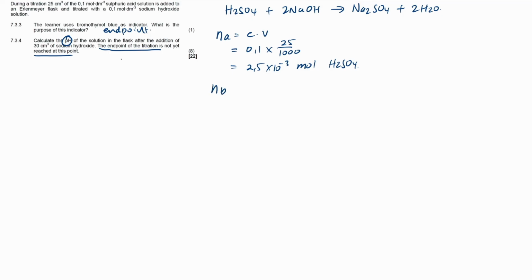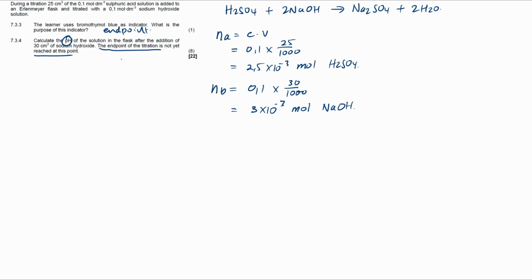We can also calculate the number of moles of base. The number of moles of the base is going to equal C times V. The concentration also 0.1, but the volume is 30 over 1,000. And that's equal to 3 × 10⁻³ moles of NaOH. Now, from here, we can calculate how much base we actually needed to neutralize the acid.